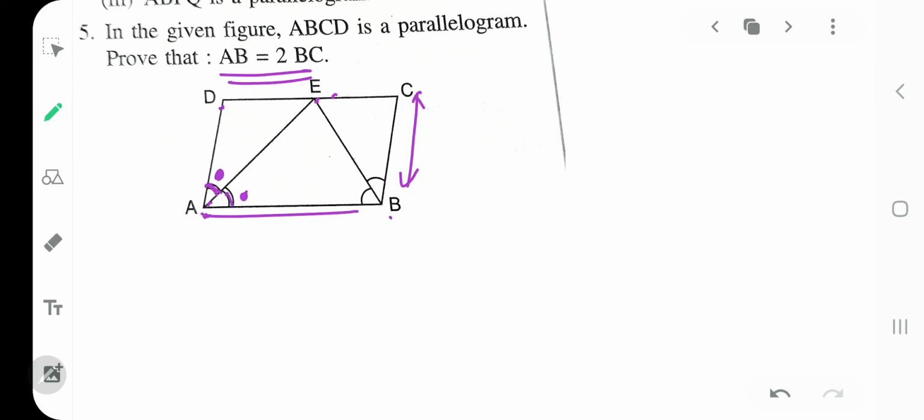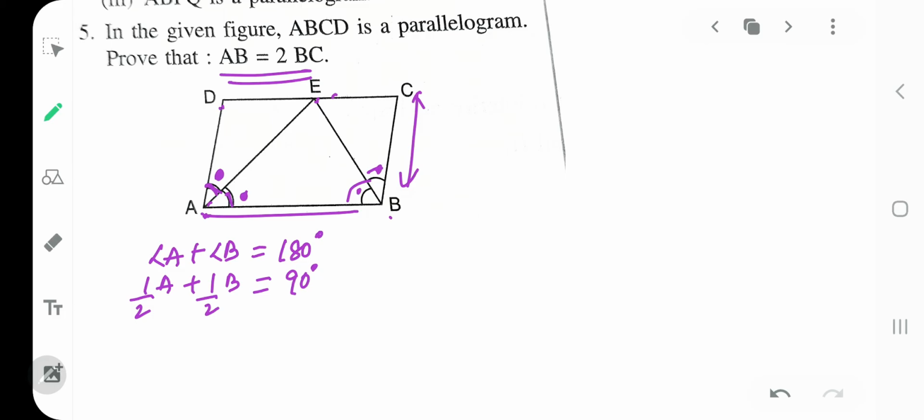Can you see the marking here? It is given. And this is also given. So, these are the bisectors. Do you know angle A plus angle B of a parallelogram will be equal to 180 degrees? Because they are the co-interior angles, the adjacent angles are co-interior angles. So can I say half of angle A plus half of angle B will be equal to half of 180, that is 90 degrees.